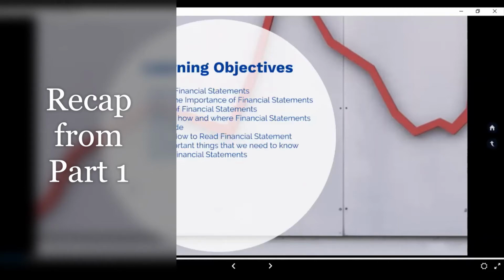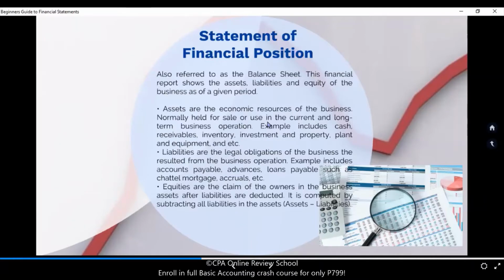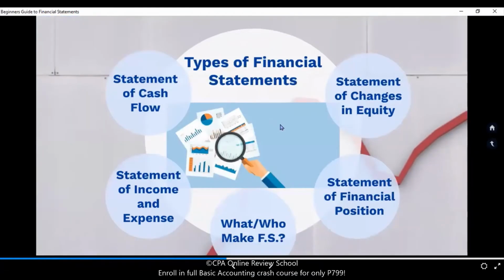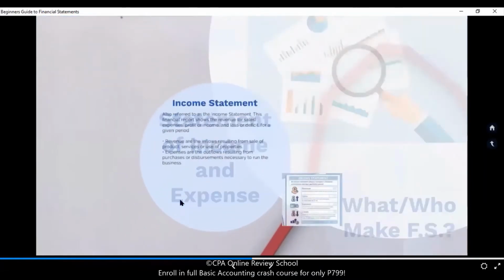And of course, I listed 10 important things for you that you need to know about your financial statements. If you want to do decision making, let's say you are an owner, a creditor, or an investor, it's not enough to see only one type of the FS of the company because you still have number 2, your income statement.